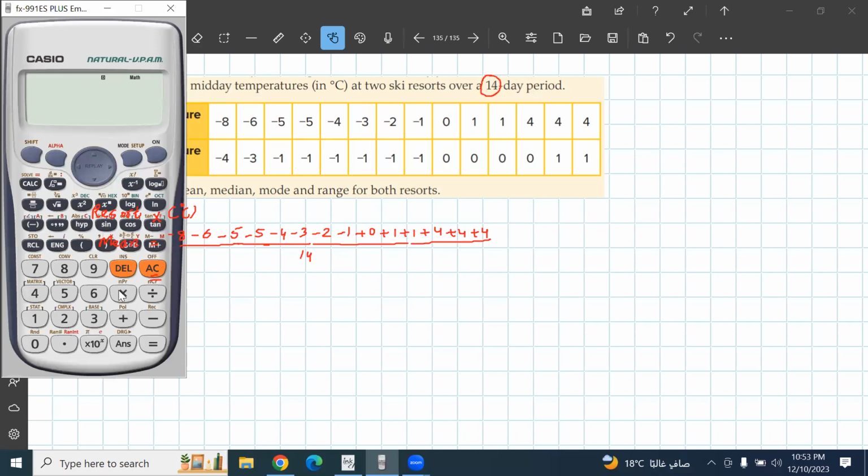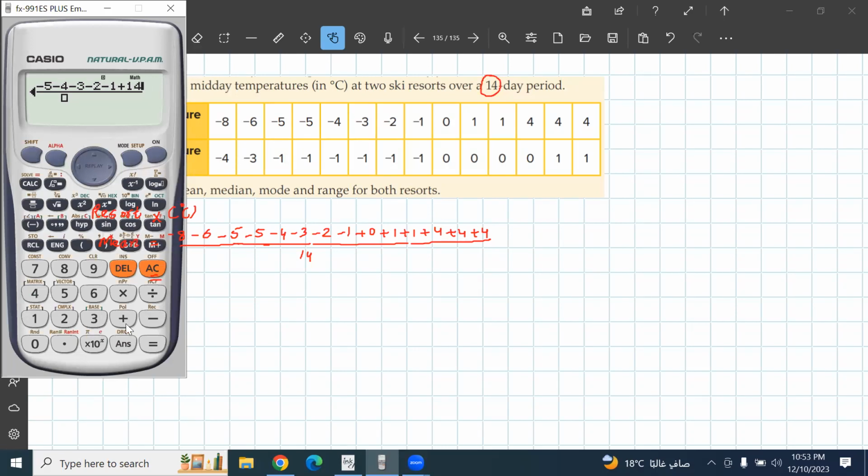We can straight away solve: -8, -6, -5, -5, -4, -3, -2, -1, then plus, if we add all this, 4 + 4 is 8, + 4 is 12, + 2 is 14.